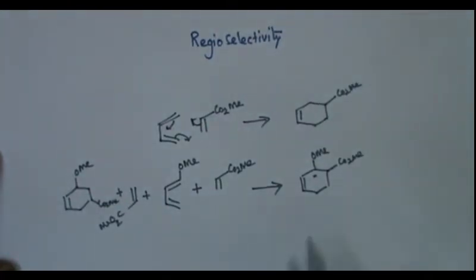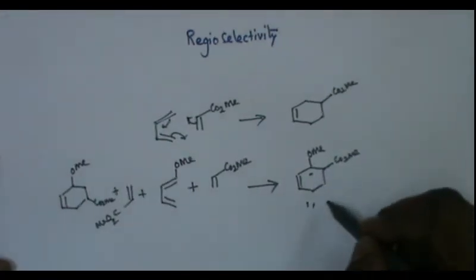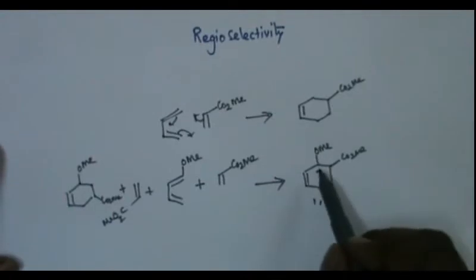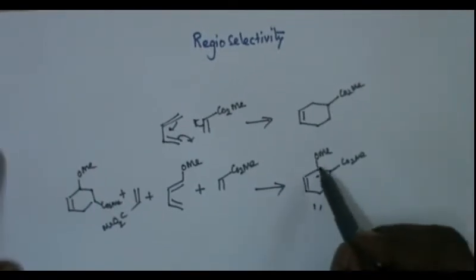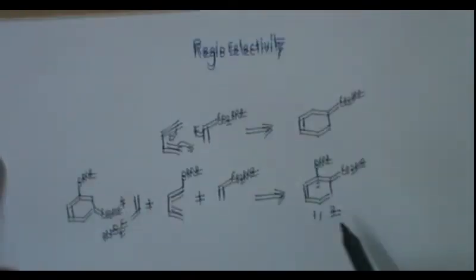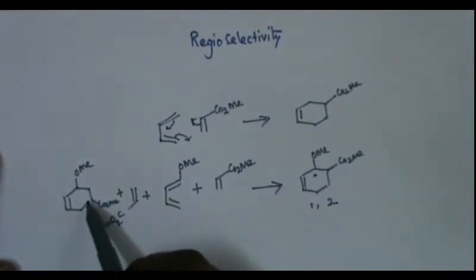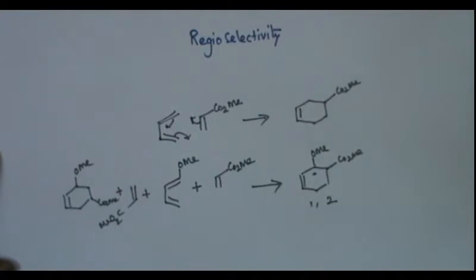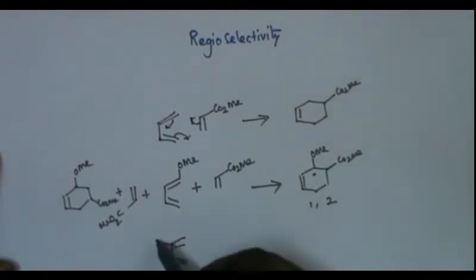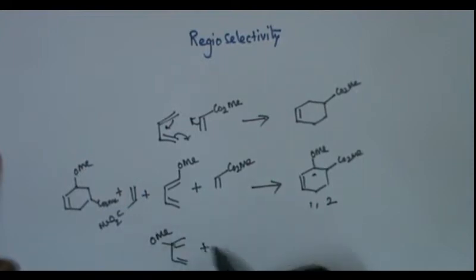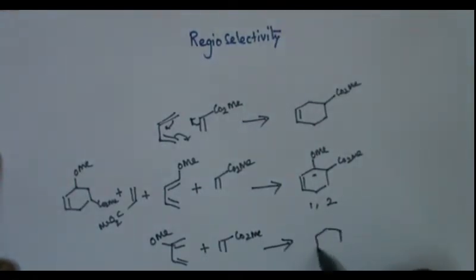We can easily remember that the 1,2 and 1,4 product is favored. 1,2, so the two substituents are in the 1,2 position. So the 1,2 product is favored, not 1,3. Suppose the substituent is here, what I get is the 1,3 product.